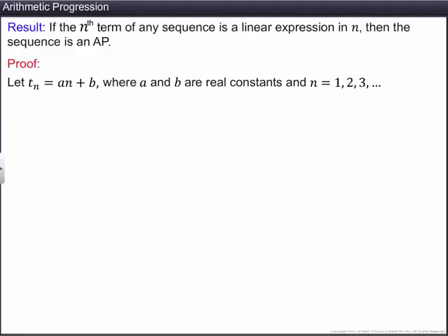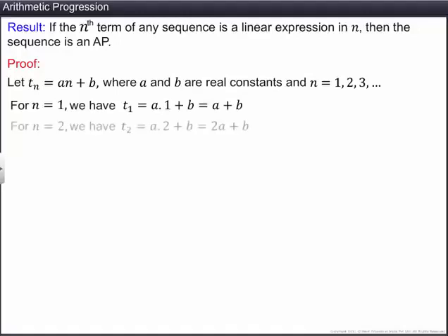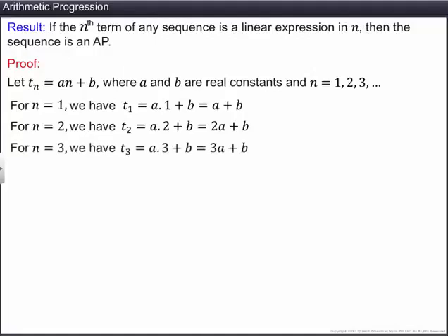For n is equal to 1, we have the first term as a plus b. For n is equal to 2, we have the second term as 2a plus b. For n is equal to 3, the third term is 3a plus b. Similarly, the (n minus 1)th term is equal to a into (n minus 1) plus b.